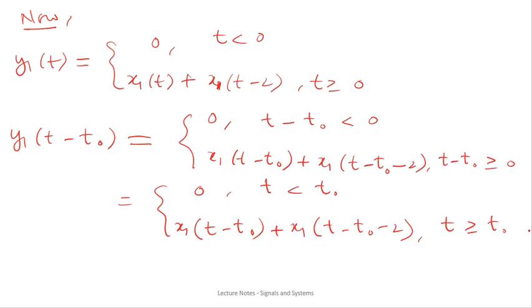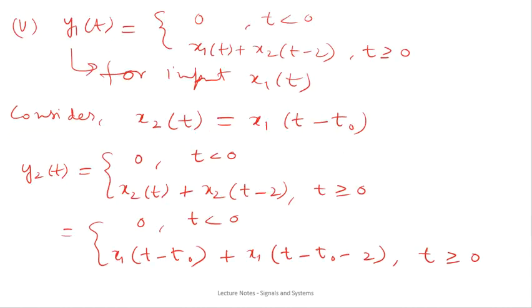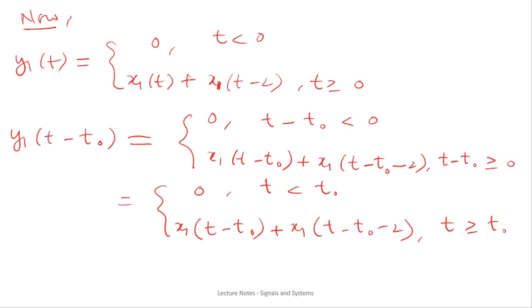Now what you see from here is that y2(t), which you evaluated in the previous step, is not the same as this shifted version y1(t minus t0). So you can just see the difference.